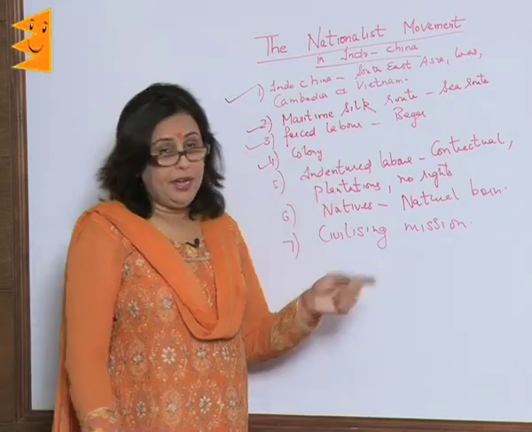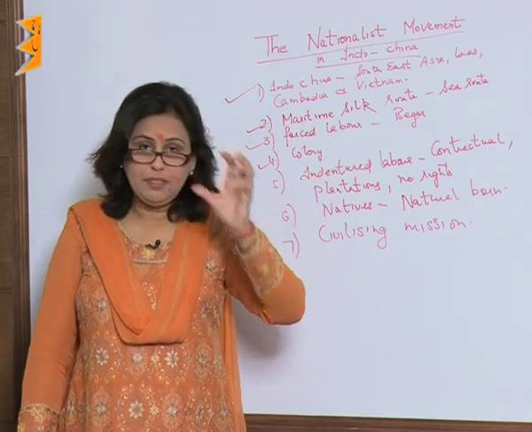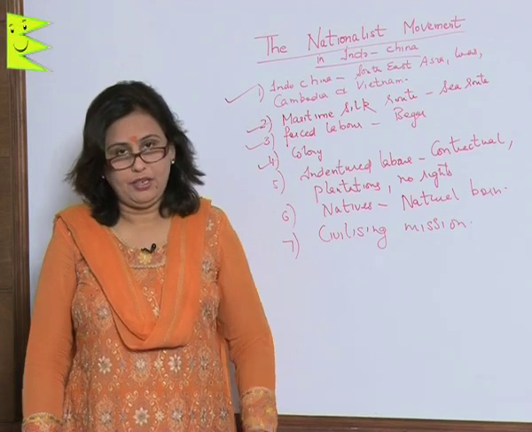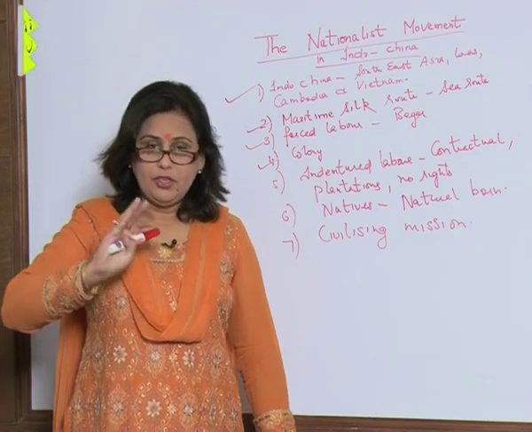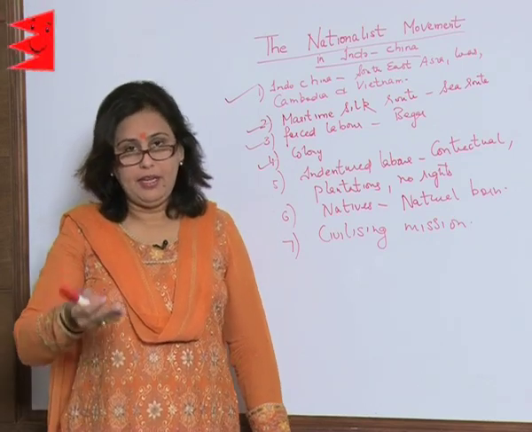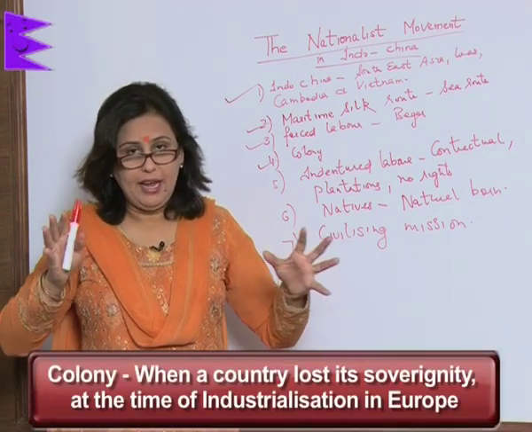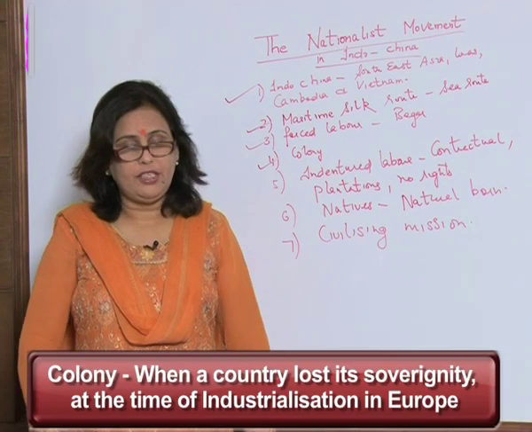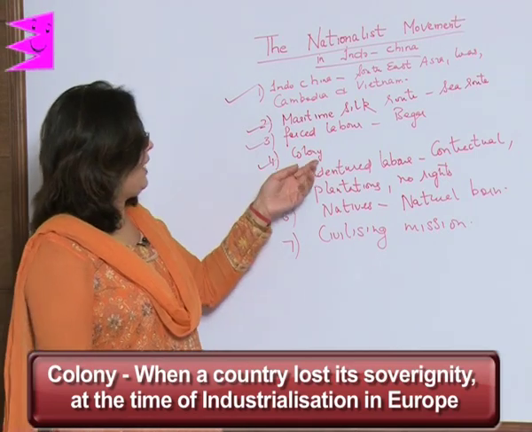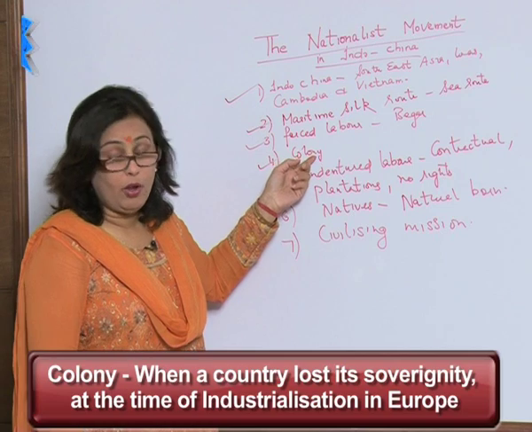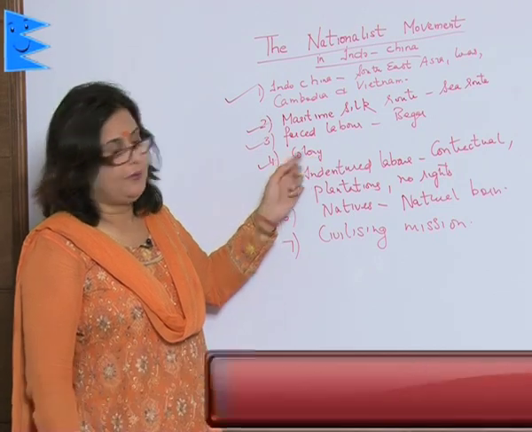But remember, in a colony, it was not mere political domination. They exploited them socially, economically, politically, in all aspects. That is, when a country lost its sovereignty, that is the time that a country became a colony of another nation.